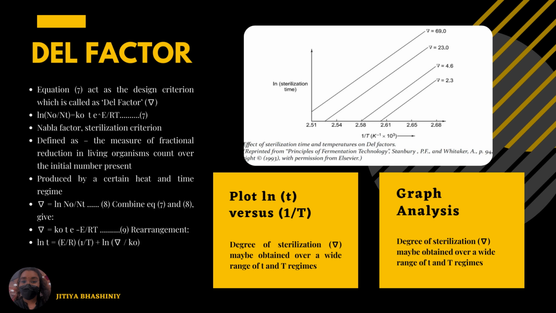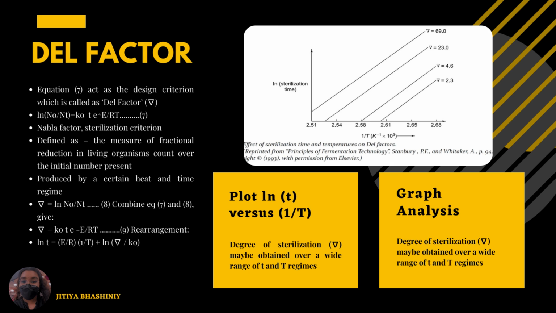When you rearrange this whole formula, it gives the equation ln t = (E/R)(1/T) + ln(delta/k0). Now, looking at the graph based on the delta factor we studied, there are 4 lines, all straight lines, increasing linearly.